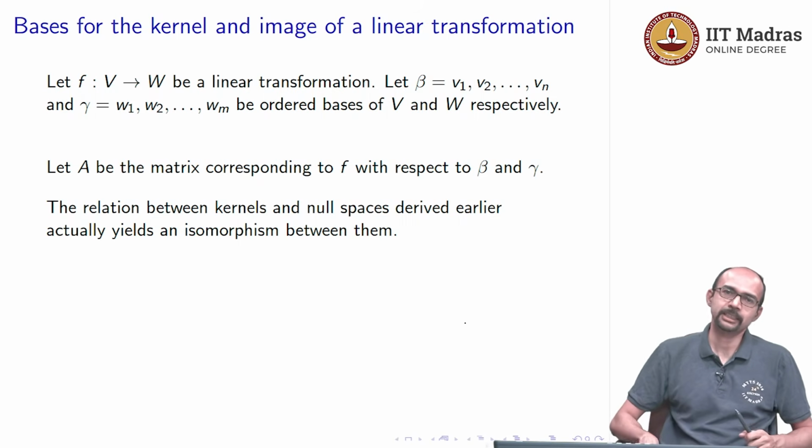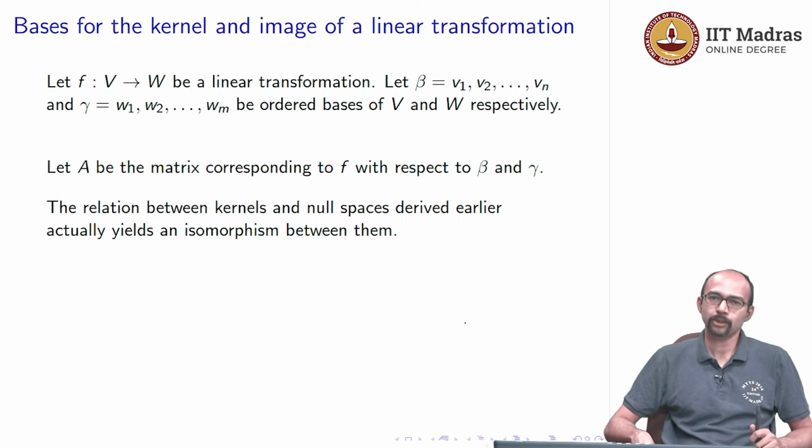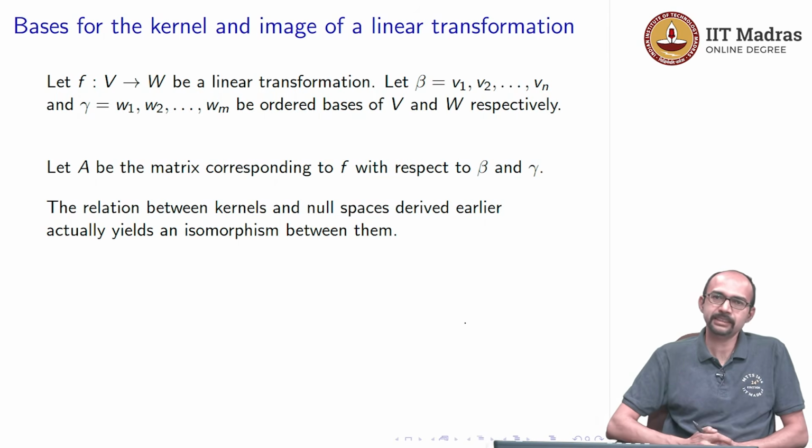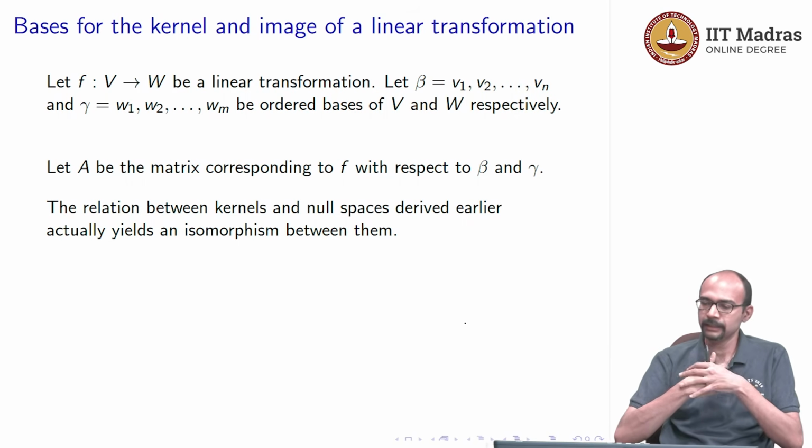Why is that? That is because for every element of the kernel, we have a unique element of the null space. So, you can define a function, and it is easy to verify that this is indeed a linear transformation from the kernel to the null space, and it is also equally clear that this function is both 1-1 and onto, that is something you can check.